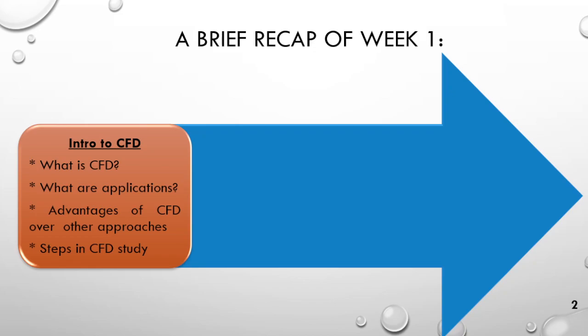But if we see it in a step by step manner, the first step is to identify the problem and the physics which suits that problem. If you want to analyze just the heat distribution in a solid wall, there you need not do any flow analysis. You only need to solve the energy equation in that particular situation. So you need to analyze the physics.